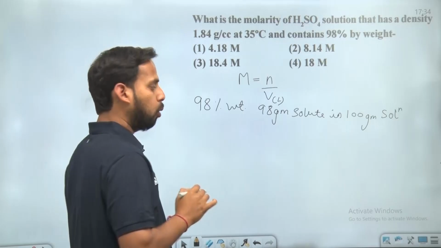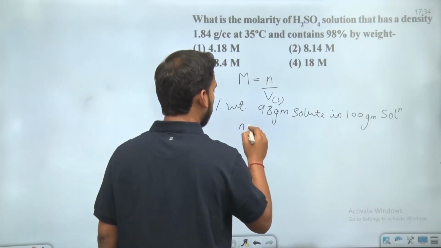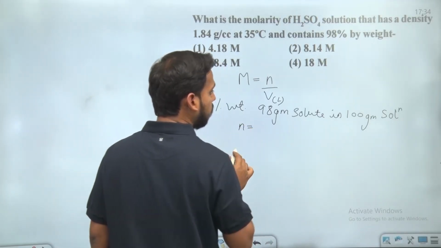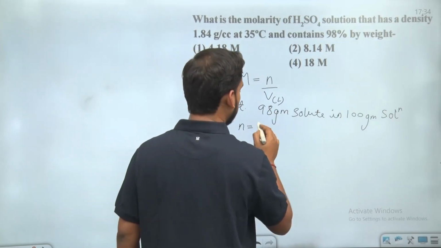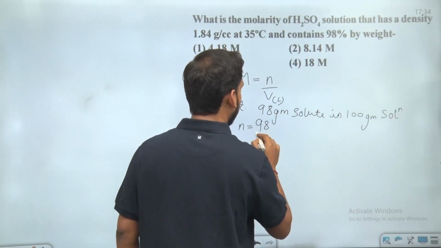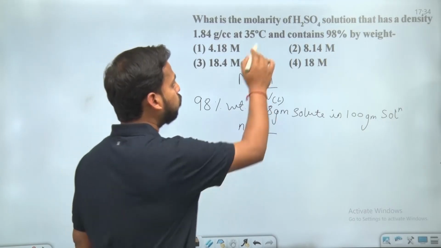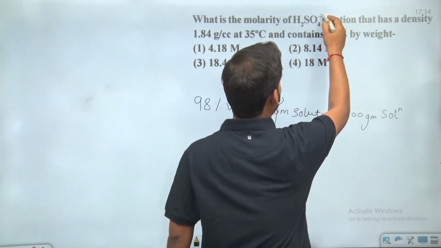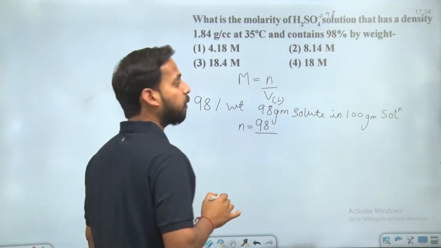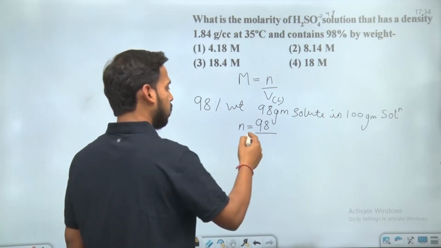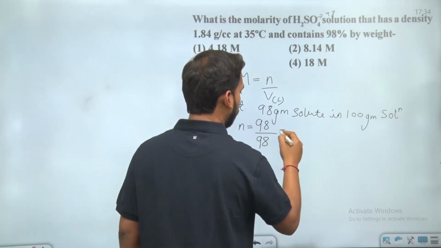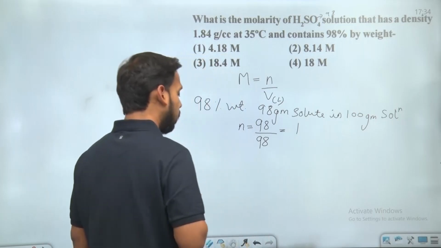For calculating the moles, number of moles will be mass upon molecular mass. The mass here is 98, and the molecular mass of H2SO4 is also 98. So the number of moles is calculated as 1.